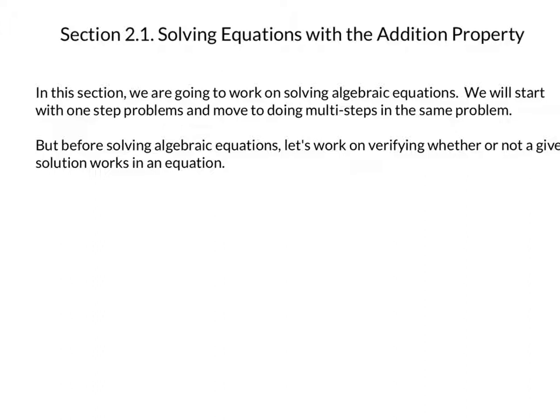For instance, let's say that you have the equation 2x plus 4 is equal to 10, and you're asked if 3 is a solution. In order to find out whether or not 3 is a solution, all you have to do is put 3 in for the x in this particular equation and solve it and see if it's true.